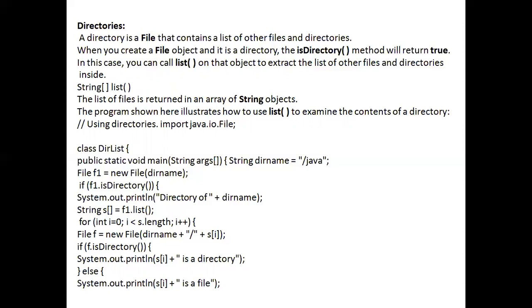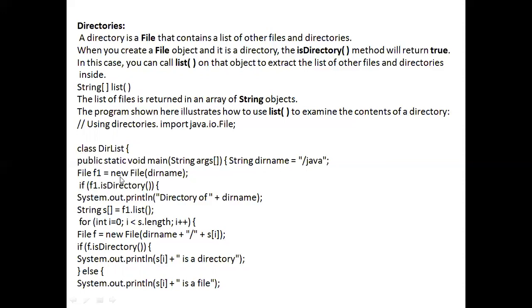This program will show how to use the list method to examine the contents of a directory. So here import java.io.File. The class name is DirectoryList. Inside the main function, String dirname is /java/java.